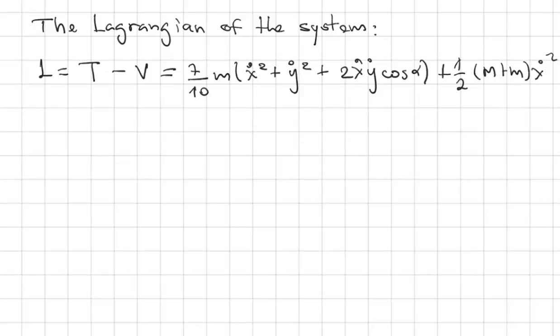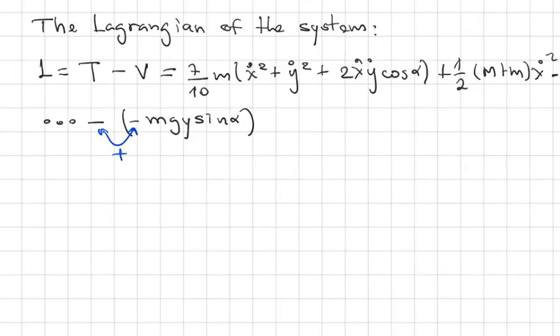This is going to be minus the potential energy of the system, that is minus mgy sine of alpha. Okay, remember this is minus, and minus is plus.